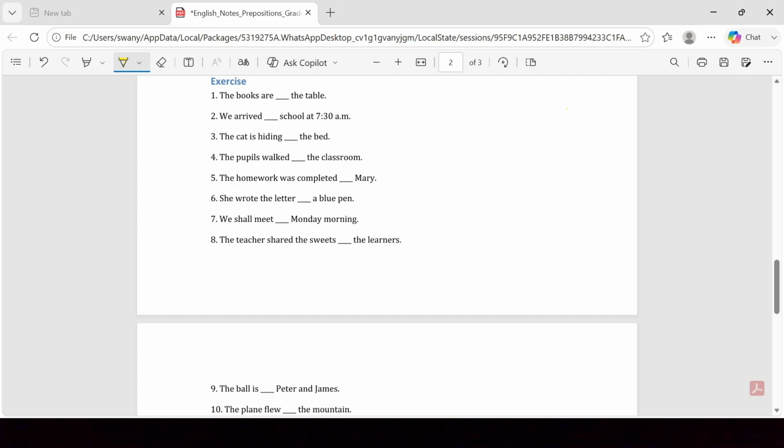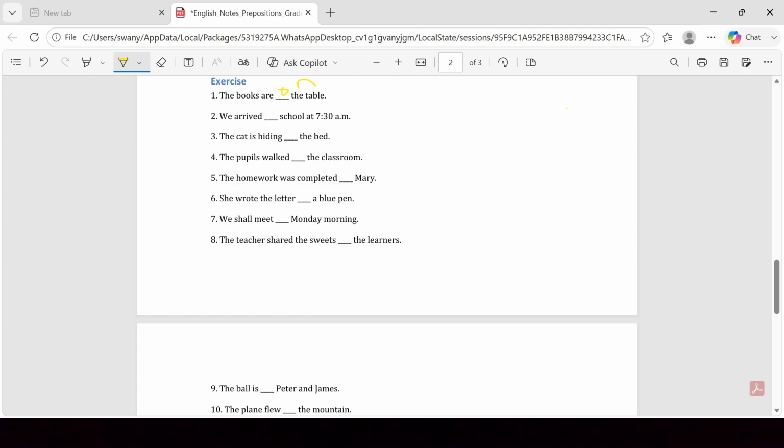The remaining six, you are going to use your free time, go through them and answer them correctly based on what we have learned. The books are dash the table. So the correct preposition there is on. The books are on the table.